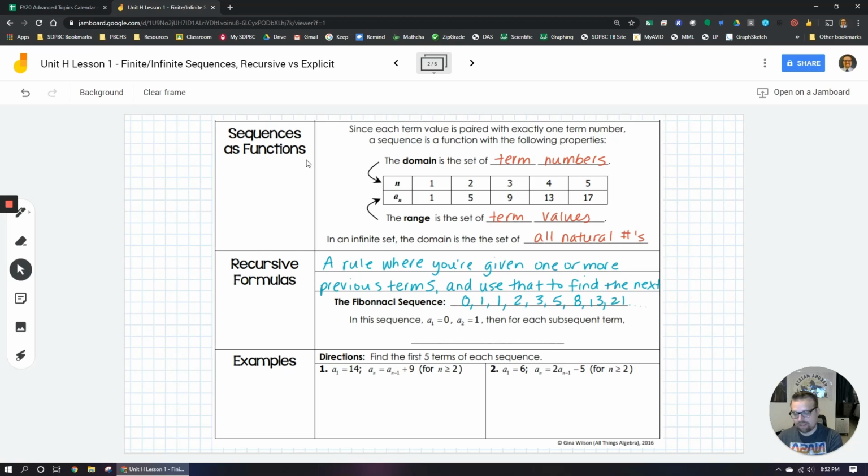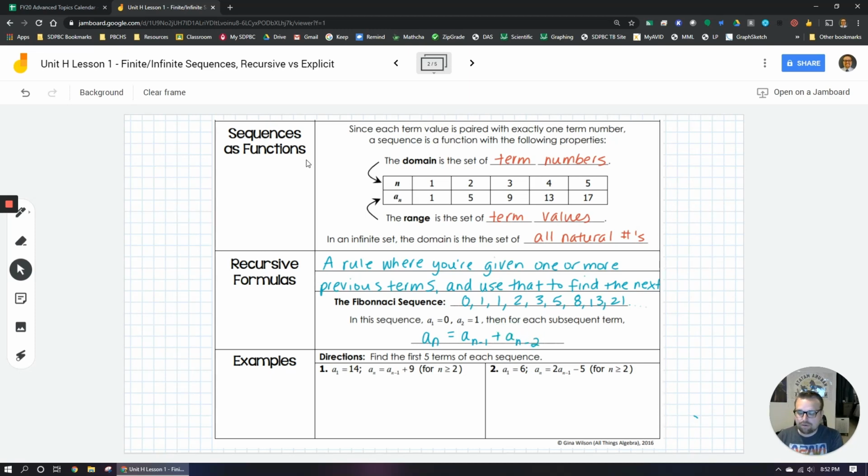So the formula that you would use for a Fibonacci sequence, to find any term in the sequence, you're going to be taking the term before it, the term before that one, and adding them together.